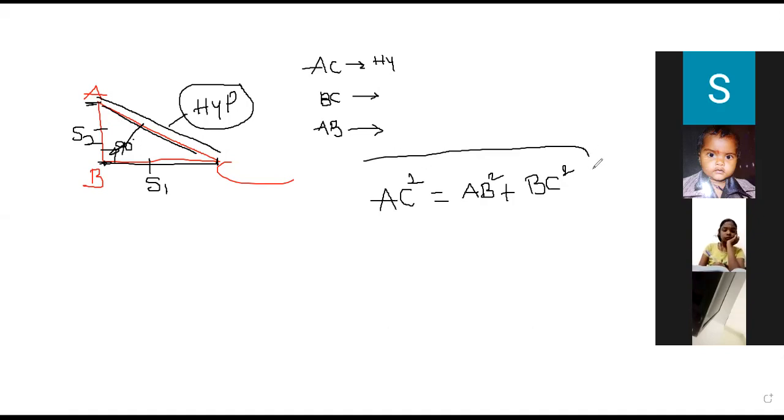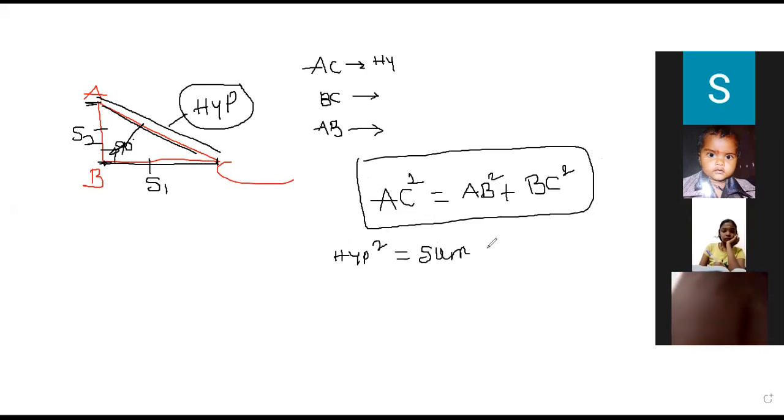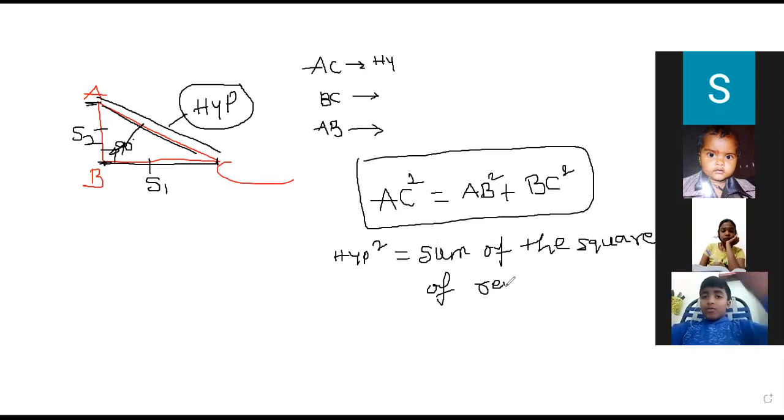This is the law. AC square is equal to AB square plus BC square. This is the hypotenuse square, is equal to the sum of the squares of the remaining sides.